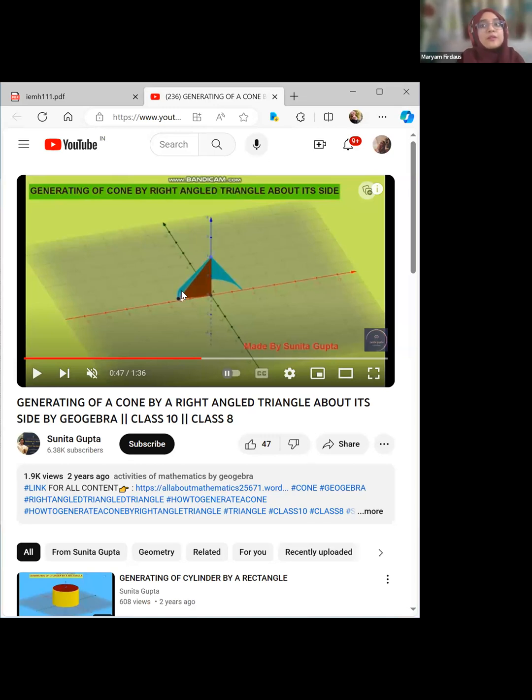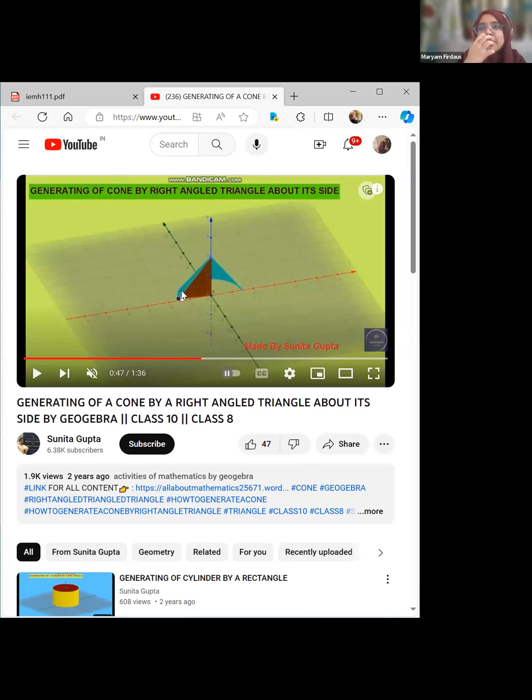It is forming the curved surface of the cone. And how is that surface becoming curved? Because the base of the triangle is going to be the radius of the base circle of the cone, right? Since we are revolving it, that is why it becomes a curved surface.